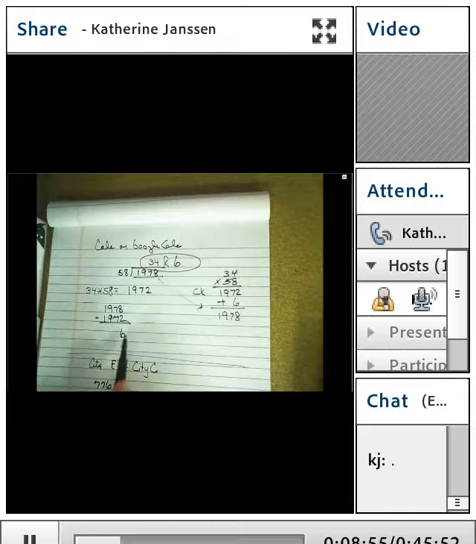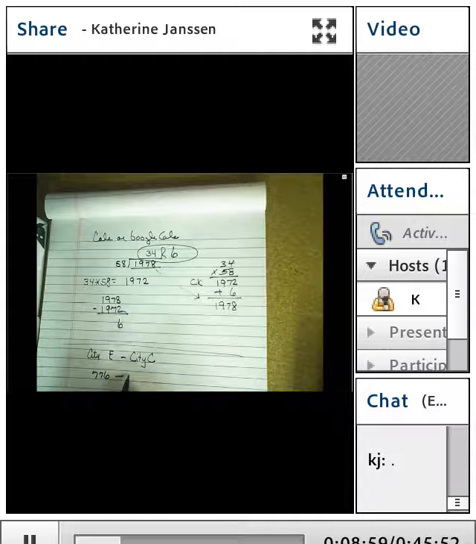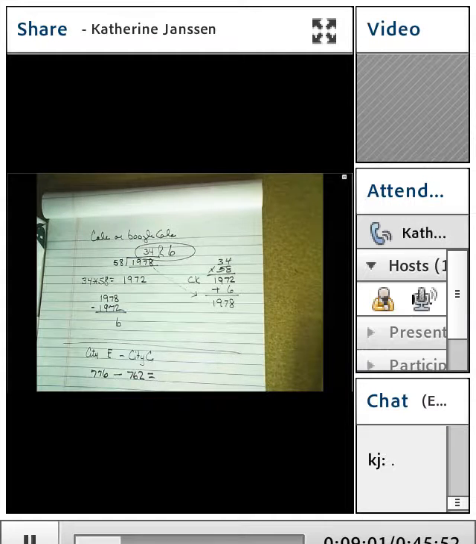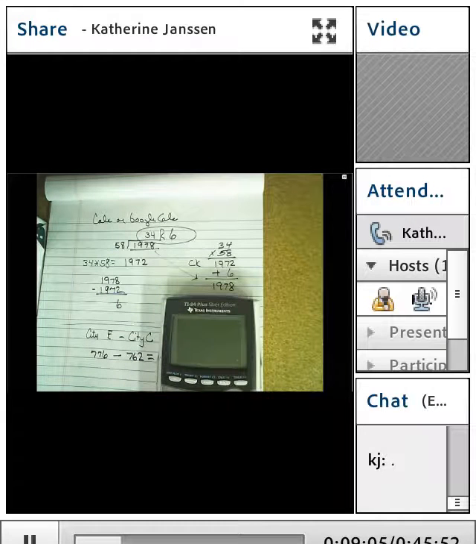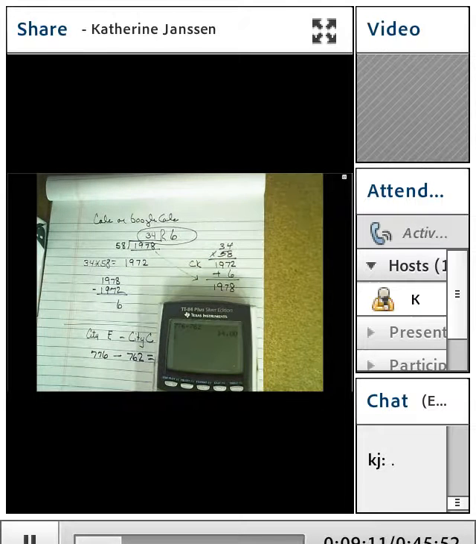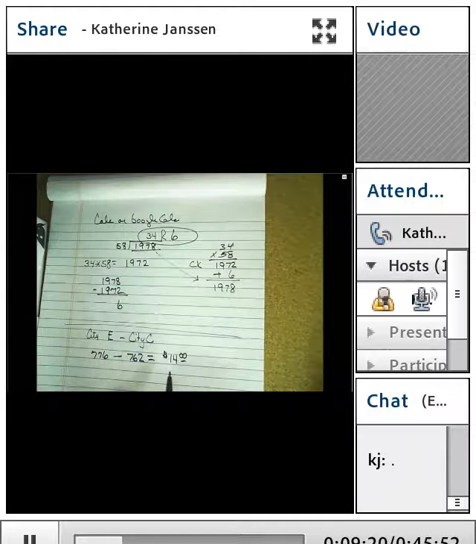Find the difference compared to city C. City C is 762. And with your calculator, subtract 776. We're going to subtract 762, and we'll get 14. So city E has a monthly rate of $14 more than city C.